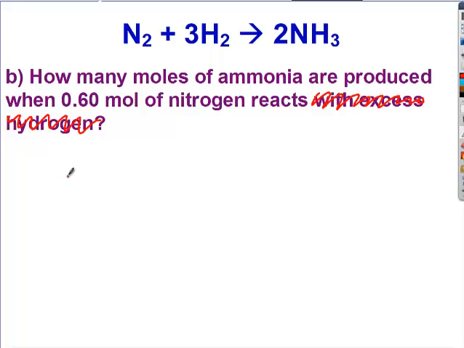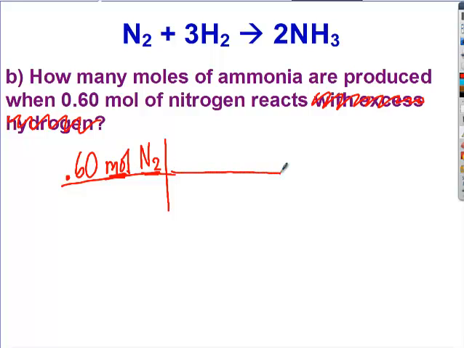So start with my first number. 0.60 moles of N2. In this unit, you're going to need to write the unit, which is moles, and the compound, which is N2. You have to. If you don't write both of these, you're going to get them wrong because we're going to be comparing different elements.